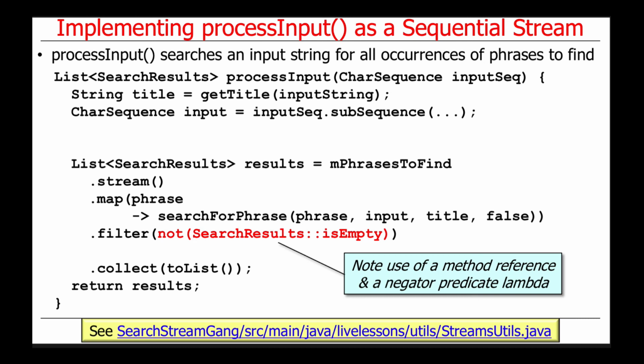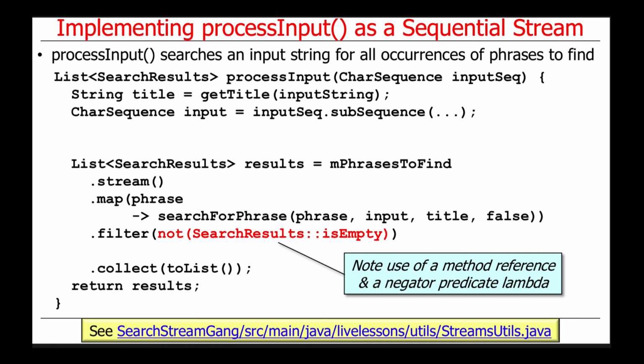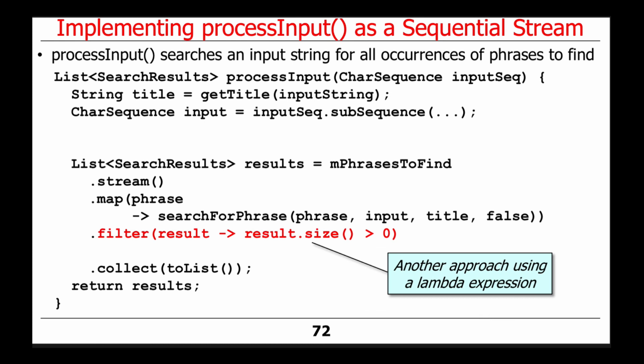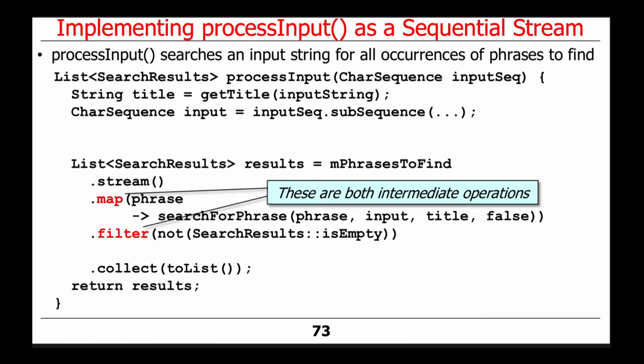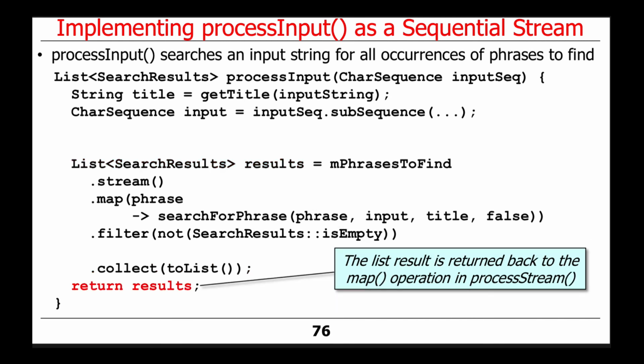You could also write the code like this, which simply uses a lambda expression to say, is the result size greater than 0? That's just another way to do it. I kind of like this approach better. I'm a bit more of a fan of method references because I find them a little more concise, but this works too. These are intermediate operations. They are triggered when collect is called, and that converts to a list result, which should have a list of non-empty results in it. That is stored here, and we return that as the result of the method.